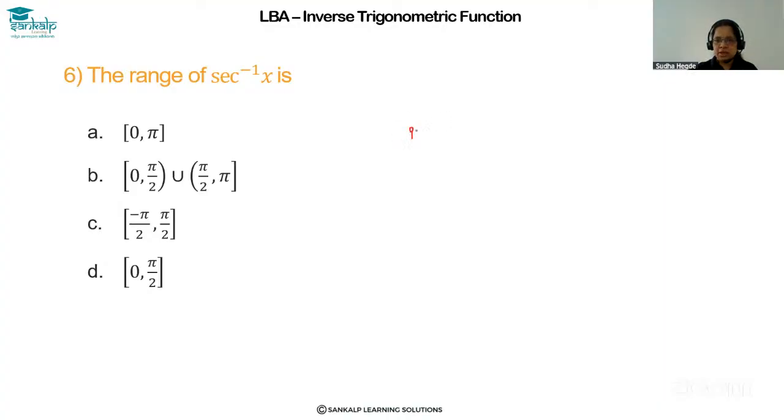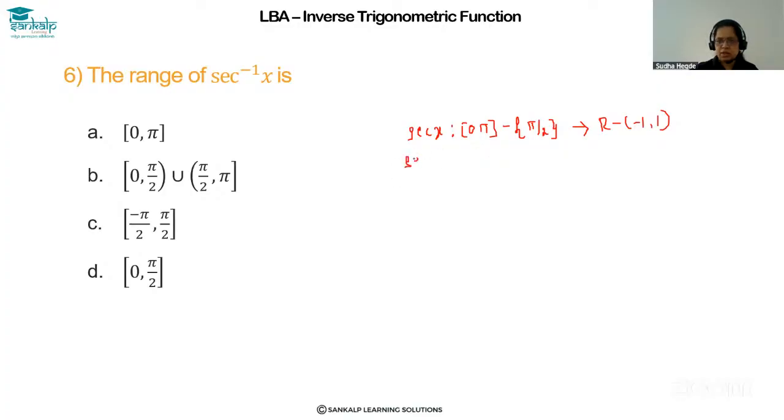So secant x is defined from where to where? It is from 0 to pi minus pi by 2 to R minus -1 to 1. In this interval it is bijective.